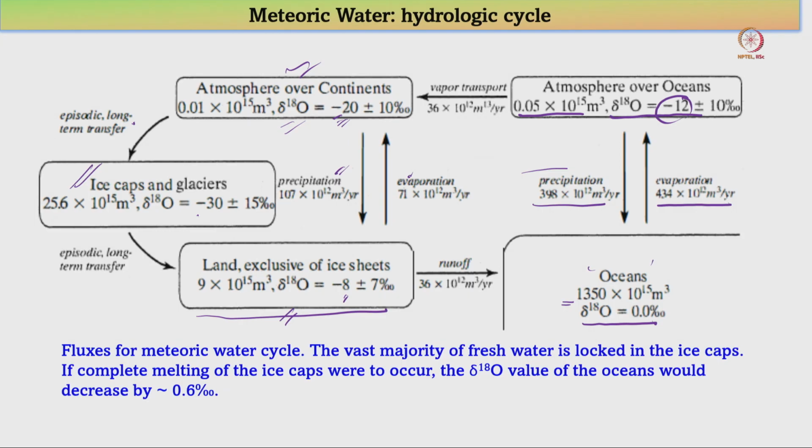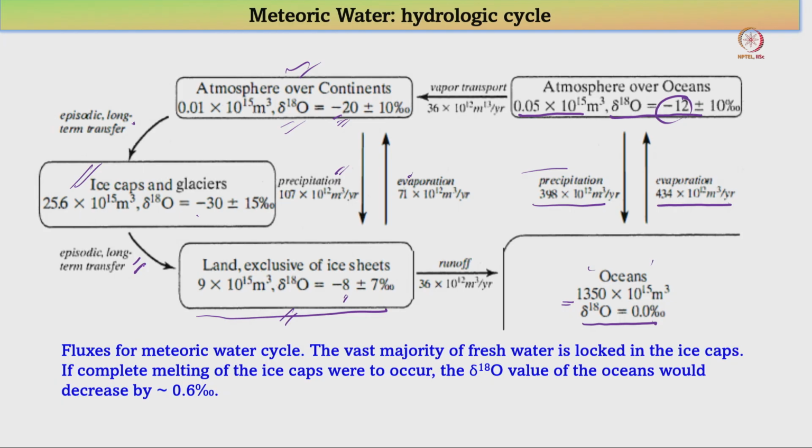So, this has a very negative value, and this is going to get stored for a very long time. And if it is transferred onto the land mass, then also it is going to be stored for a very long time.